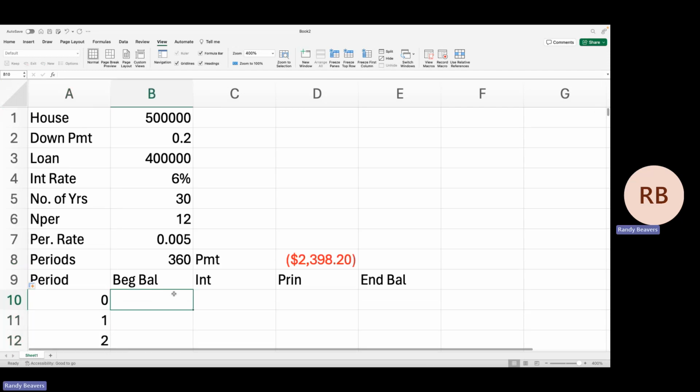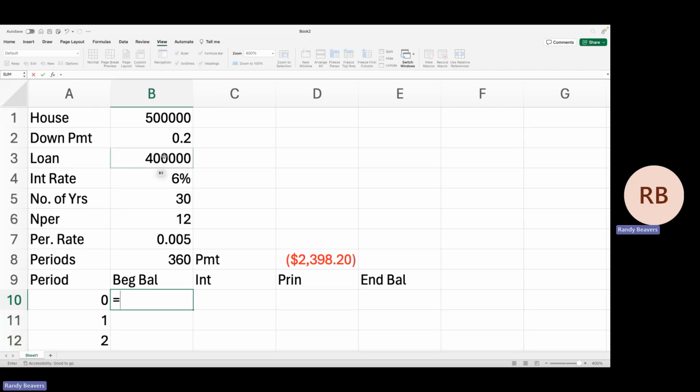And then our beginning balance, that's going to be the 400,000. Interest on that will be the beginning balance multiplied by the periodic rate. And now we're going to anchor. So to do this in Excel, we're going to do Command T. That will anchor that.